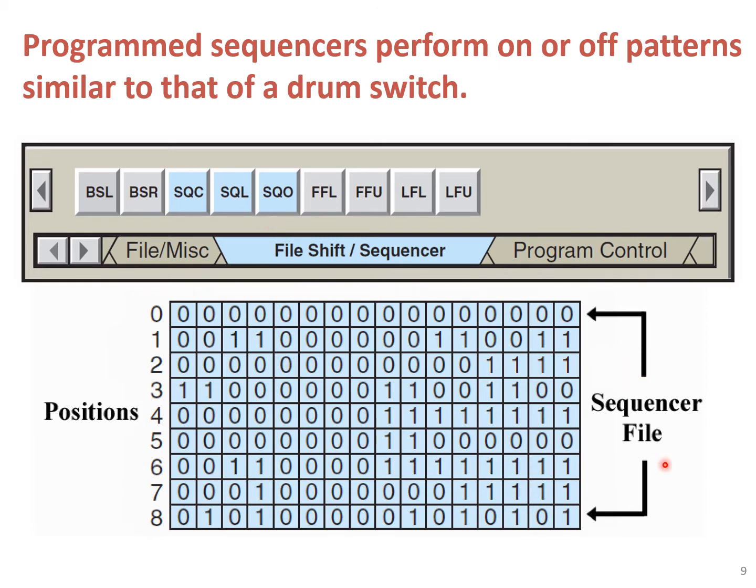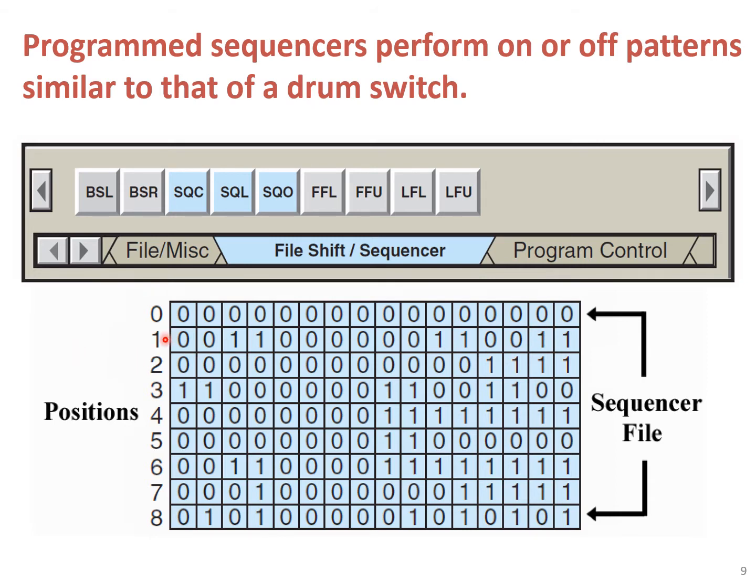And here we have a sequencer file. So you see on each position, okay, or on each step, we have a specific combination. On the first one, 0, which is basically the initial position, all switches are off.